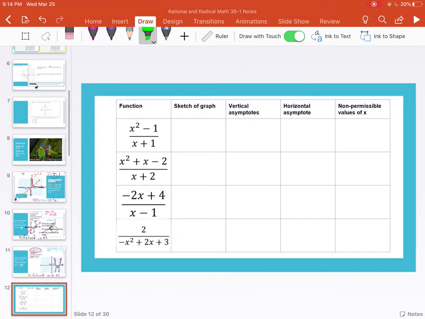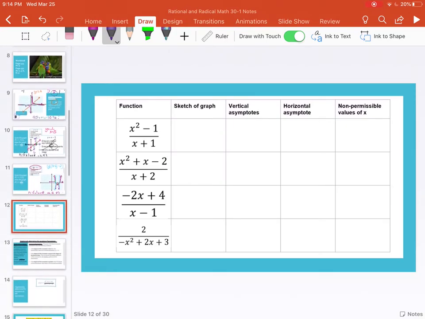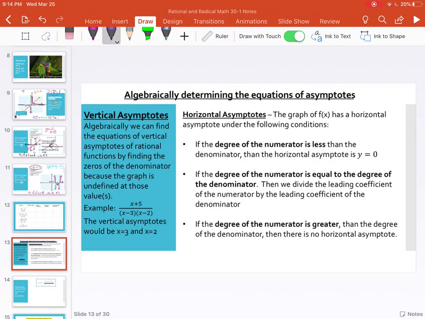All right, so now actually we're going to start looking at how to find asymptotes using not just our graph, but actually looking at the function itself. Okay, but before we do that, we're going to look at a few rules. So first of all, vertical asymptotes. Generally speaking, algebraically we can find the equations of vertical asymptotes by finding the zeros of the denominator.